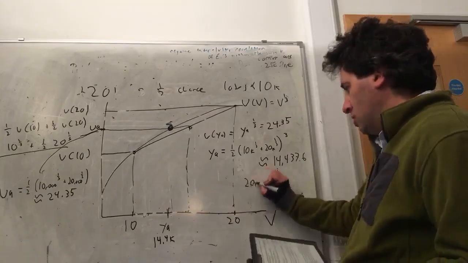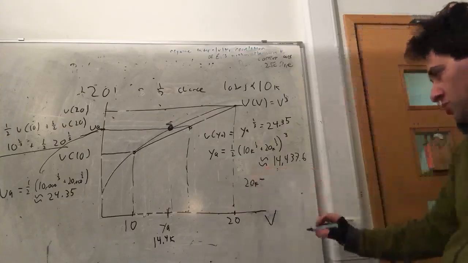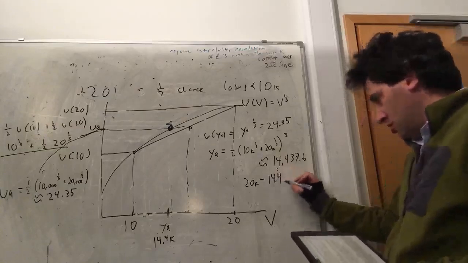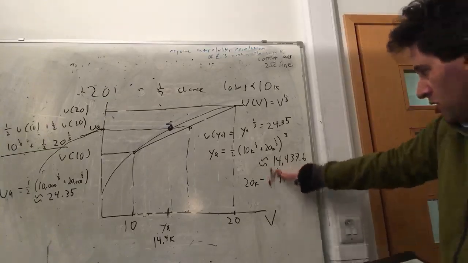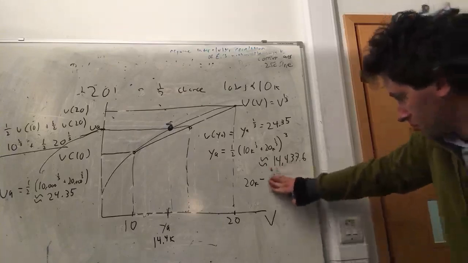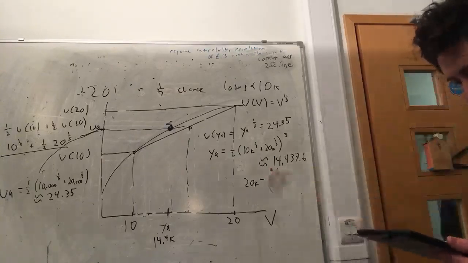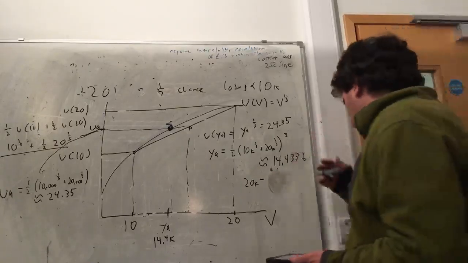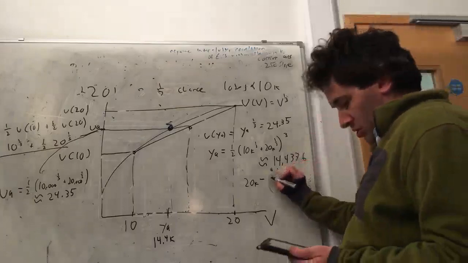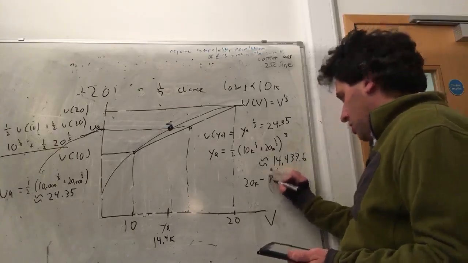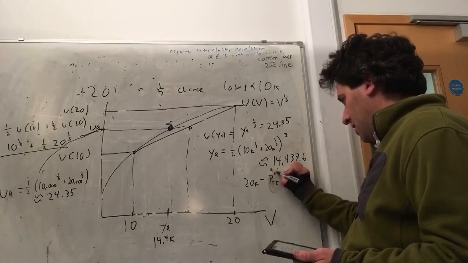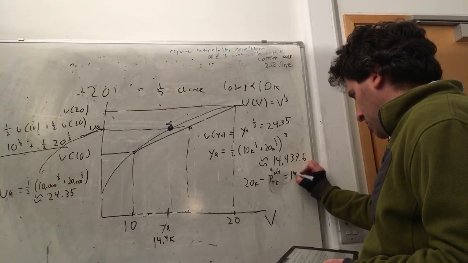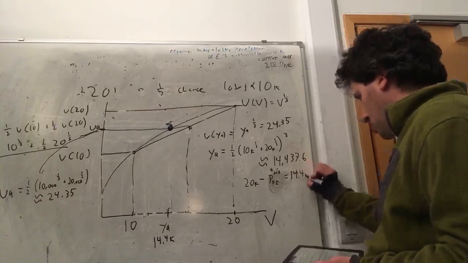So 20,000 minus the price of the insurance, I'll call it P full insurance max, must equal approximately 14.4 thousand.